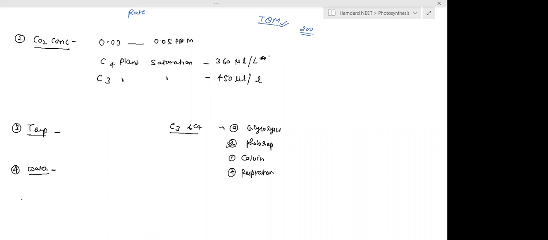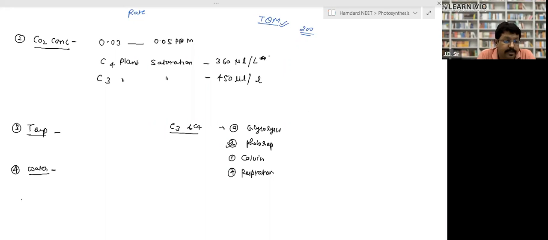Now come to carbon dioxide concentration. If we increase carbon dioxide concentration, the rate of photosynthesis increases. But for C3 plants, the increase takes place up to 450 microliter per liter. Please note it down.